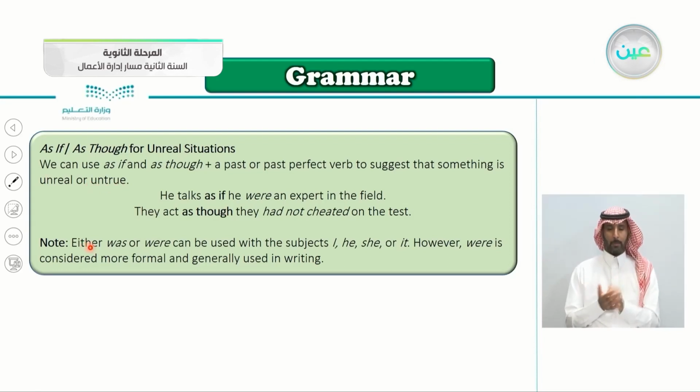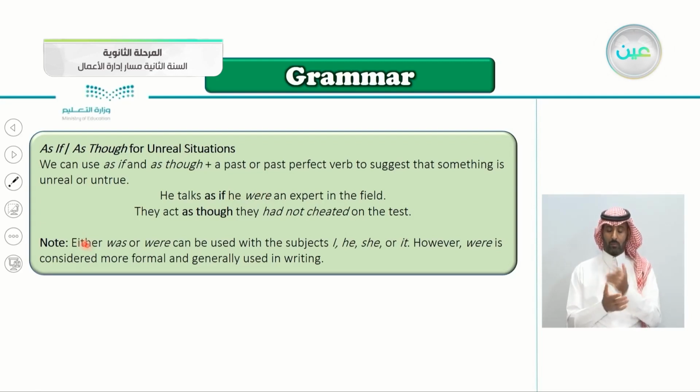A note here: either was or were can be used with the subjects I, he, she, or it. So he can take were or was.